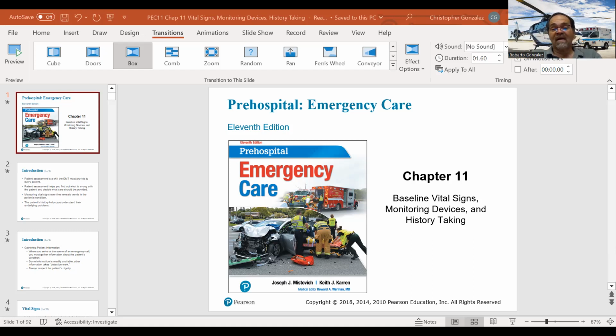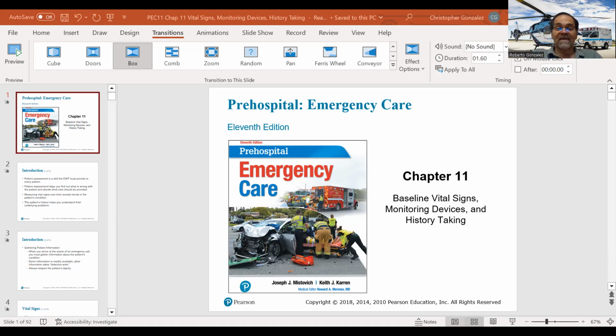Your vital signs are outward clues about what might be happening in the body, and they include respirations, pulse, skin, pupils, blood pressure, and pulse oximetry.